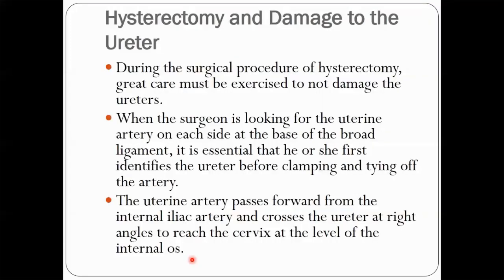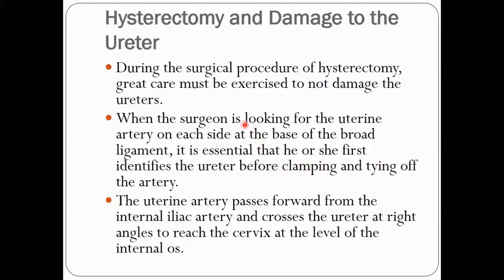Okay. In the previous lecture we talked about the intimate relation between the uterus and the ureters. We said that the ureters, while descending on the pelvic wall, reach the urinary bladder by passing anteriorly below the inferior margin of the broad ligament. So during hysterectomy the ureter may be damaged by clamping.